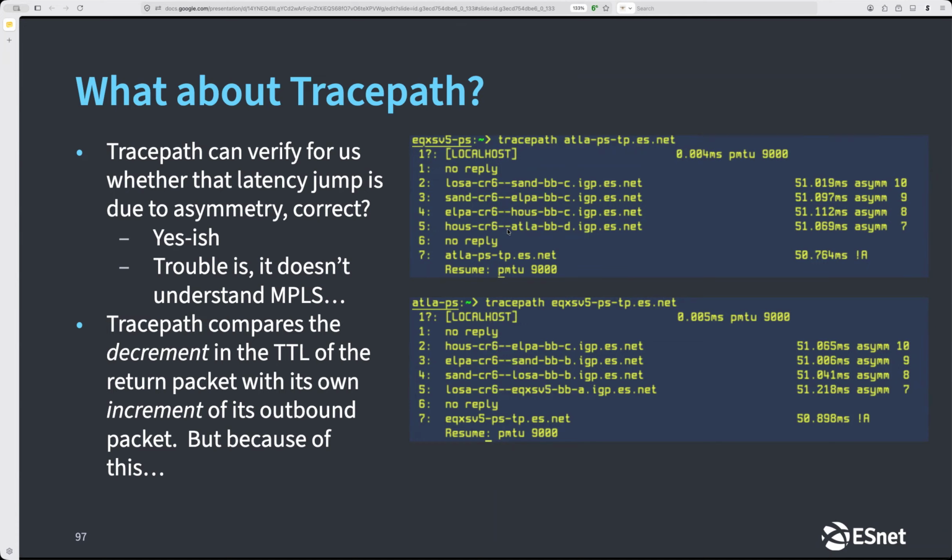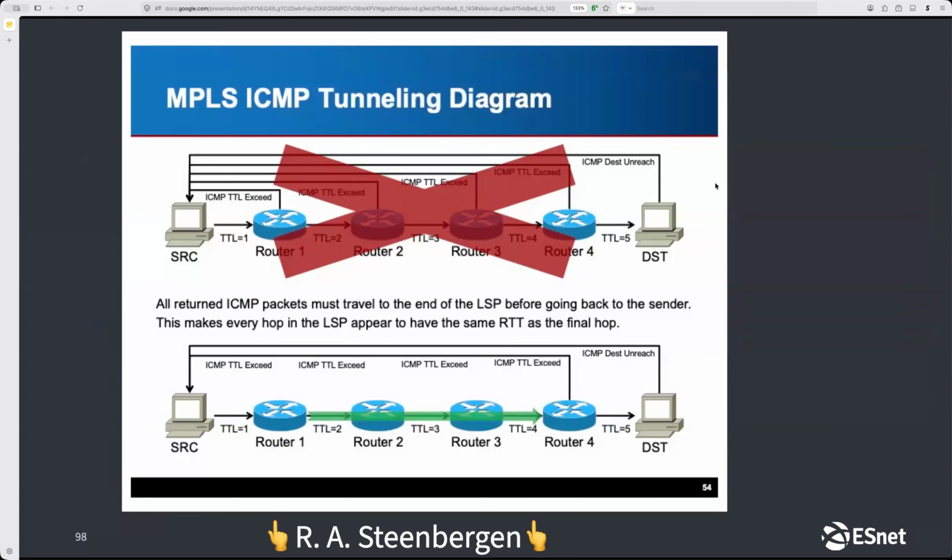So what's going on? Why is it saying this is asymmetric? Well, it's the same thing that we just discussed: ICMP TTL exceeded. Tracepath tries to infer asymmetry by saying I set one as my TTL and I got back a packet with a TTL of 254.